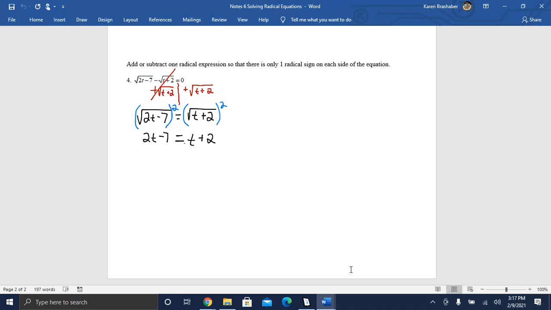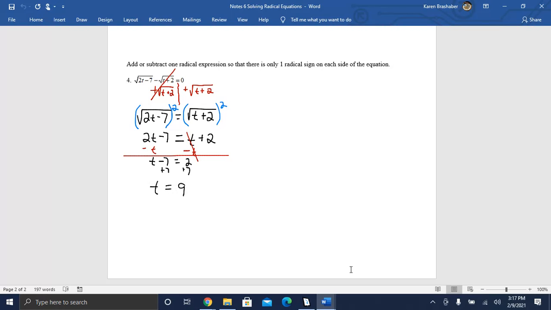So now you have a basic algebra equation that's got variables on both sides of that equal sign. You'll want to get the variable on one side, so we could subtract t from both sides of the equal sign. That cancels. We get 2t minus 1t. That's going to be t minus 7 equals 2. We can add 7 to both sides, and our final answer is going to be t equals 9.